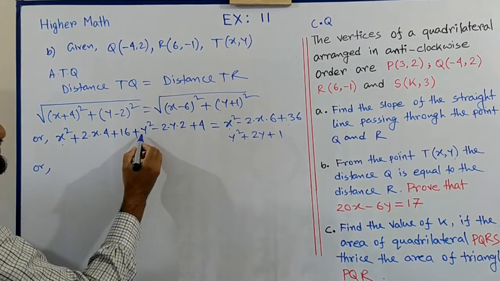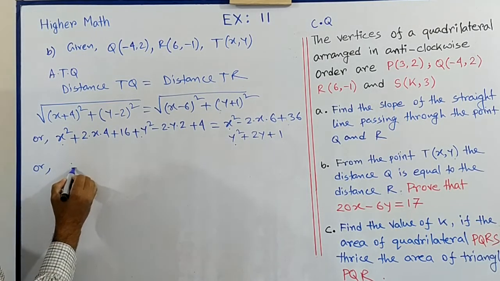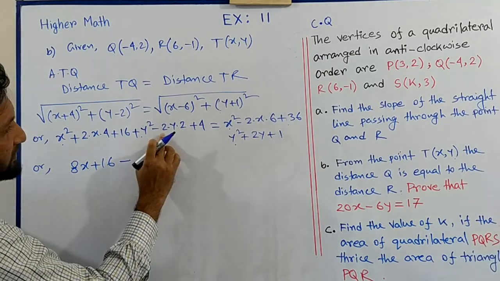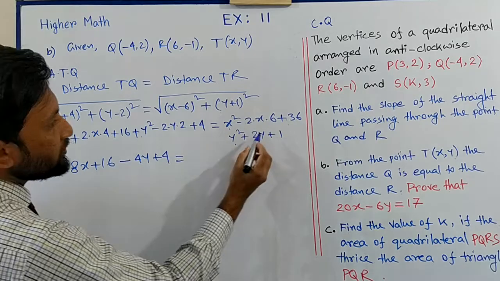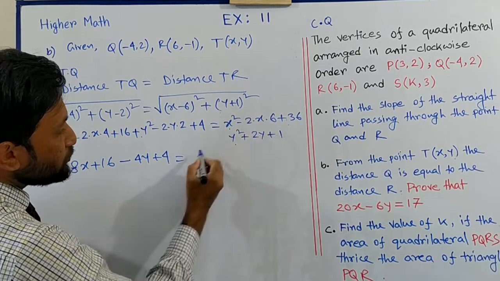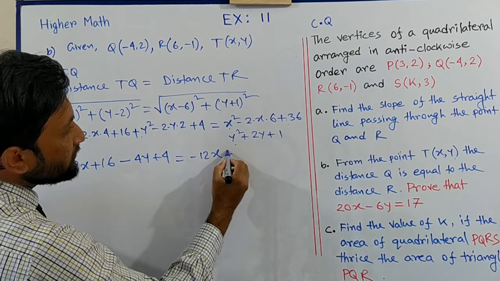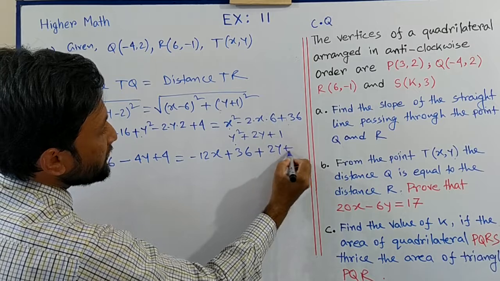Okay, y square vanishes, and 2 into 4x means 8x plus 16, and then minus 4y plus 4 equals, and then minus 6 into 2 minus 12x, and then plus 36, and then plus 2y, and then plus 1.